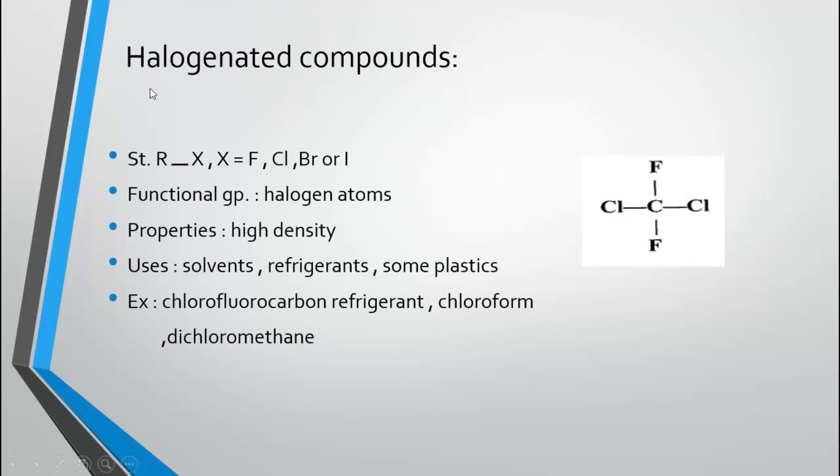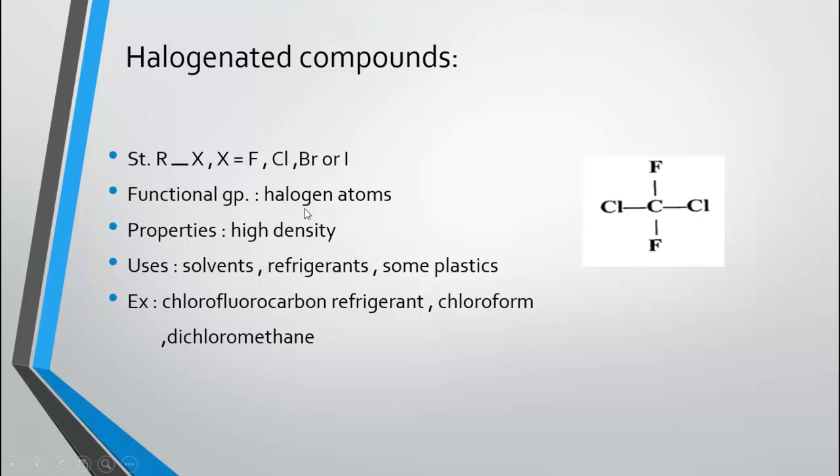The first compound is the halogenated compounds. From its name, it contains a halogen, so we replace the hydrogen atom with a halogen, and the structure will be RX, where R is the hydrocarbon and X is a halogen: chlorine, fluorine, bromine, or iodine.